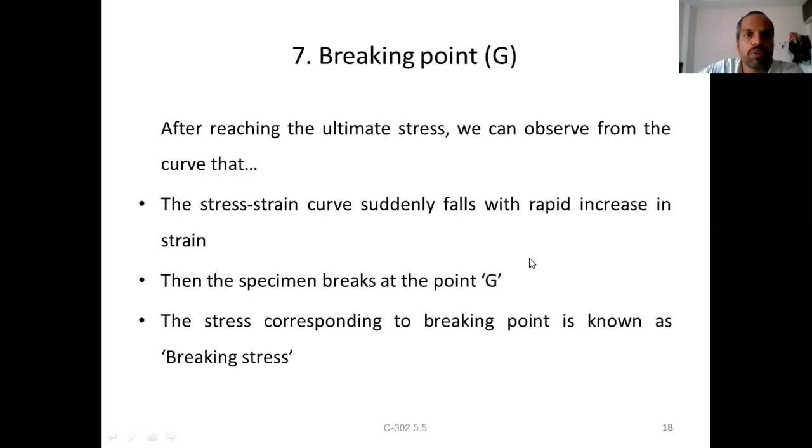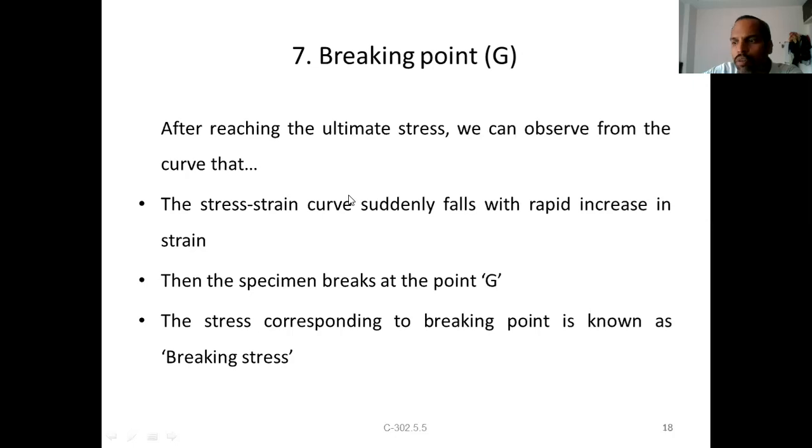So this is about the salient points of the stress strain curve. What are the different salient points we have discussed? We have discussed the limit of proportionality, elastic limit, upper yield point, lower yield point, strain hardening point, ultimate point, and the last one, the breaking point. Corresponding to the elastic point, we have the elastic stress.